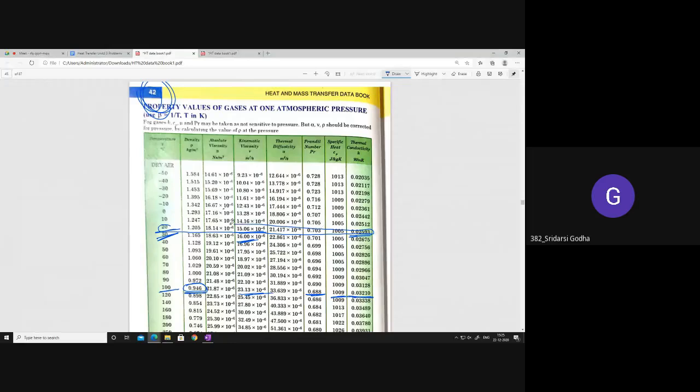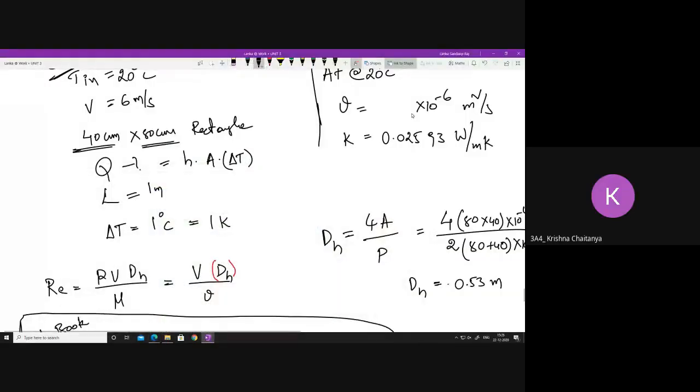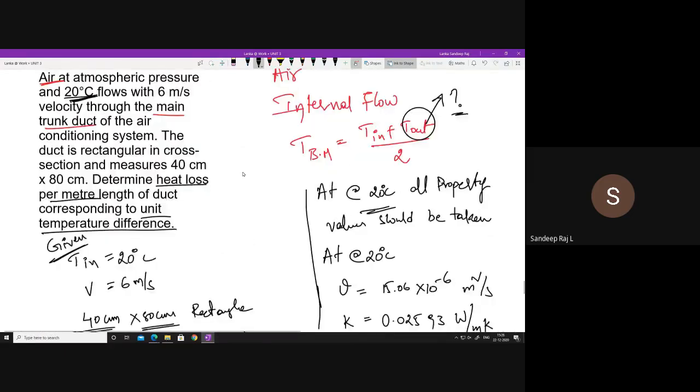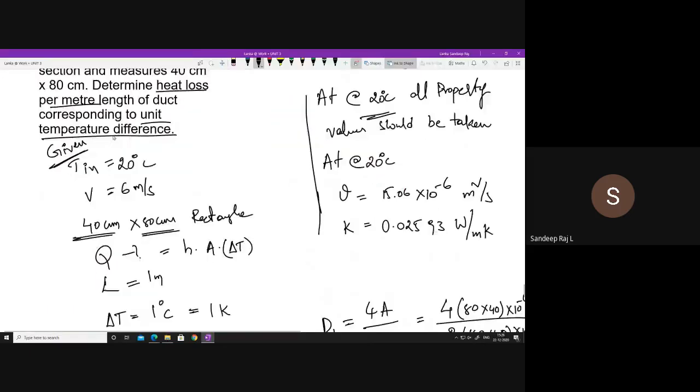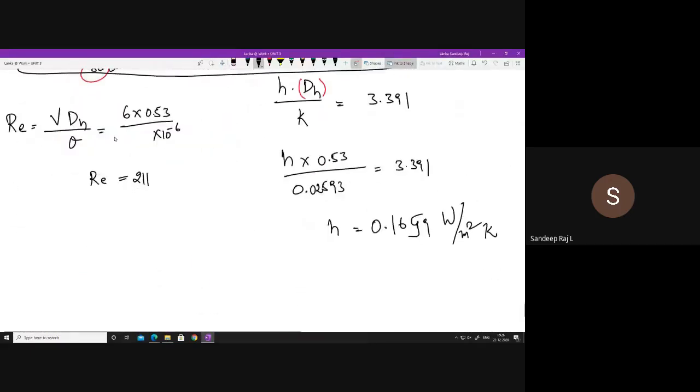At 20 degrees centigrade, 15.06 is correct. 20 degrees centigrade is given in the question, so 15.06 is correct. Whatever was written the first time is right. So RE value, you tell me now. 211,155.38. This much you got.